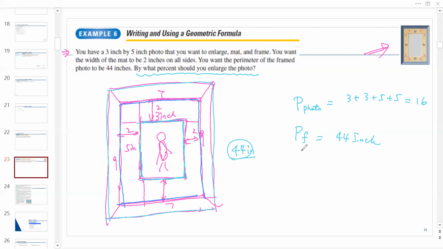You need to enlarge. Actually, you can see the ratio. You want to know what's the size of this one, what's the size of this one, right? Oh no, sorry. So you want to know this part.